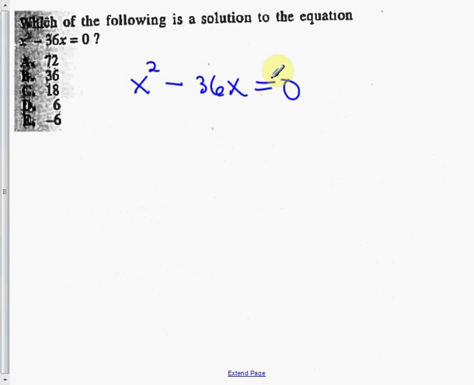Talk to me. What's your name, young man? Deron? All righty. So how do we solve for x? What do we do? Talk, Tatum. So you're saying to write x squared equal to 36x? Okay.